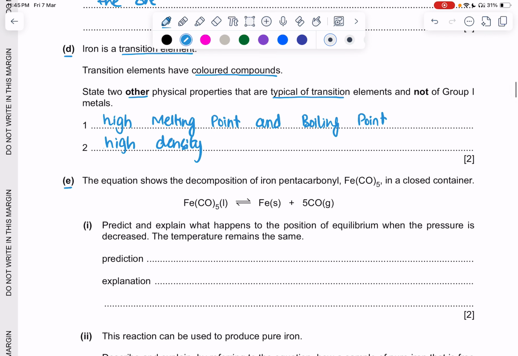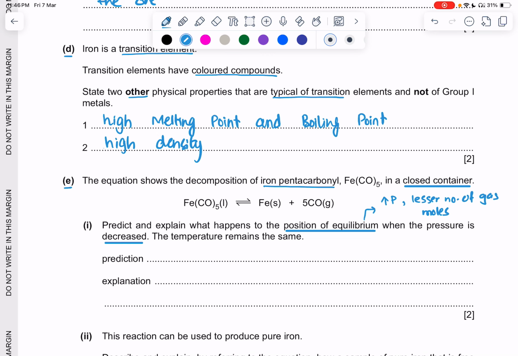Next is part E. The equation shows the decomposition of iron pentacarbonyl in a closed container. Closed container is a container where no reactant or product can escape into the atmosphere. Predict and explain what happens to the position of equilibrium when the pressure is decreased. Whenever we increase the pressure in such a system, the equilibrium will shift towards the side that has fewer gas moles.